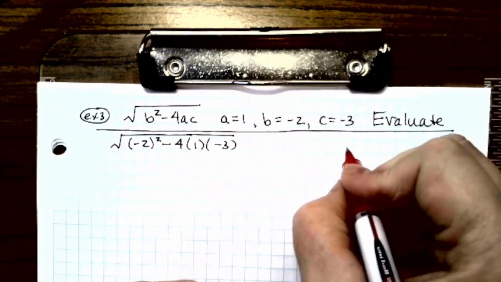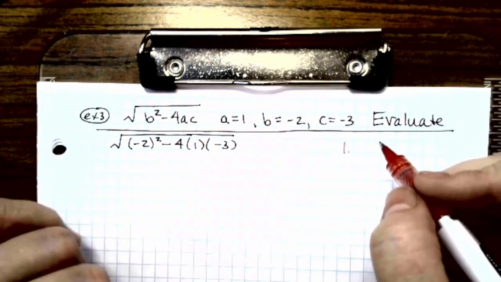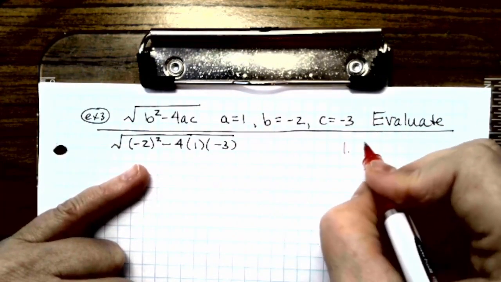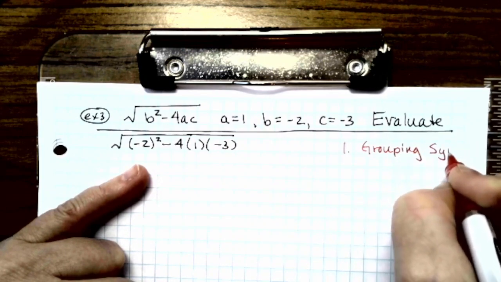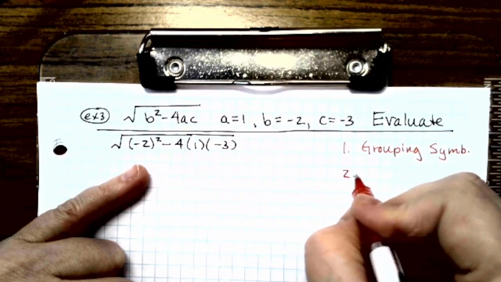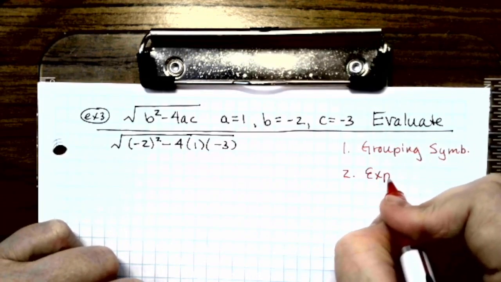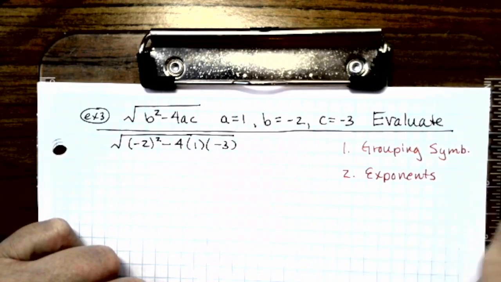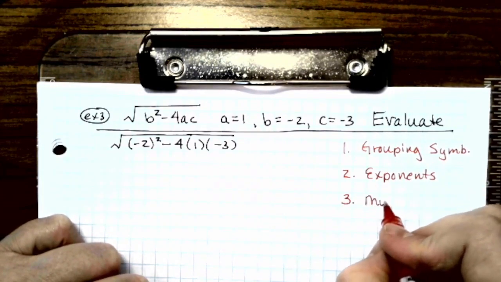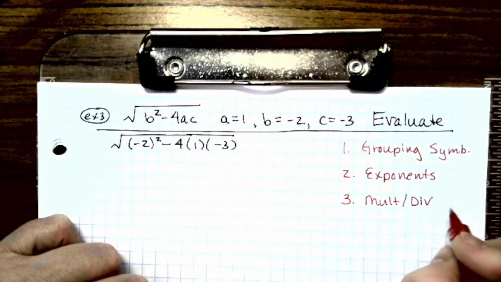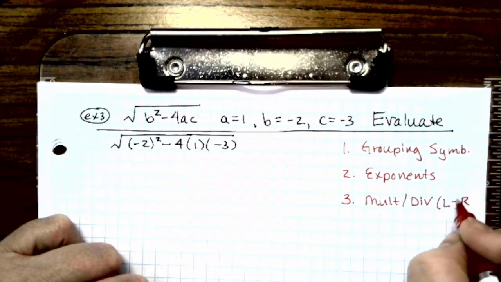Now to remind you, when you simplify, grouping symbols come first, which is easy because this whole thing is inside a grouping symbol. Then comes any exponents. Those need to be multiplied out. And then you will multiply or divide from left to right.